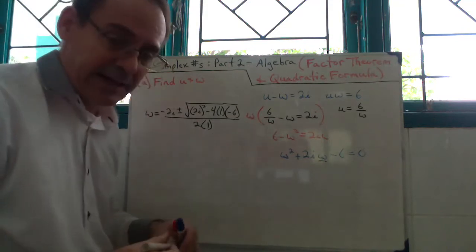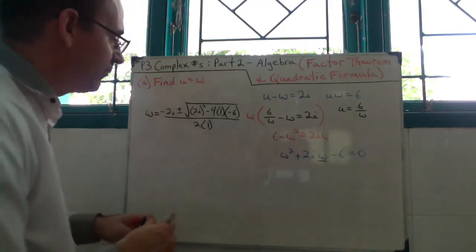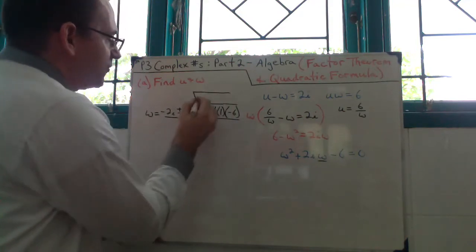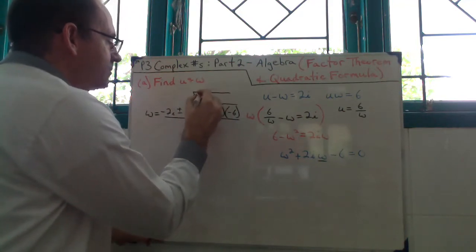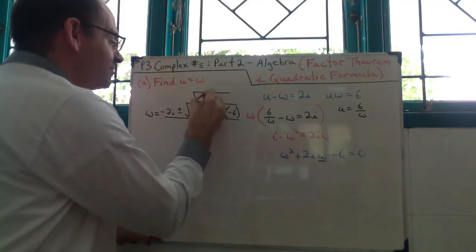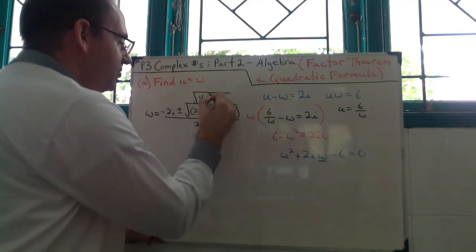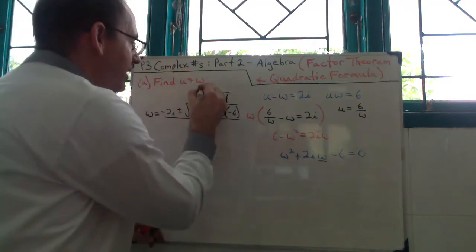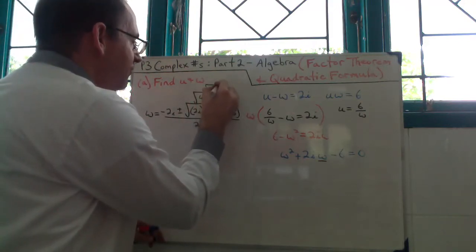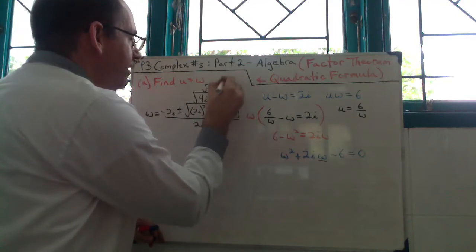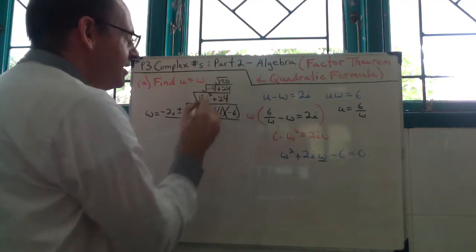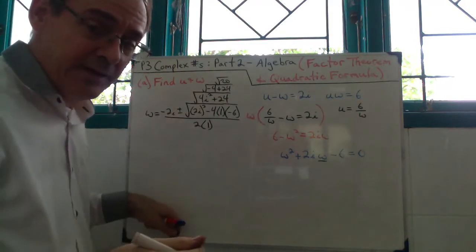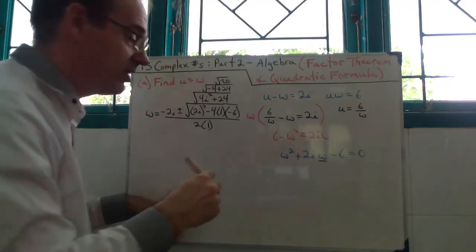So the first thing that I do is I like to reduce my radical here. So this simplifies to 4i squared, and this is plus 24. Remember that i squared is a negative 1, so this is a negative 4 plus 24, which is root 20, and root 20 is 4 times 5, and root 4 comes out as a 2.